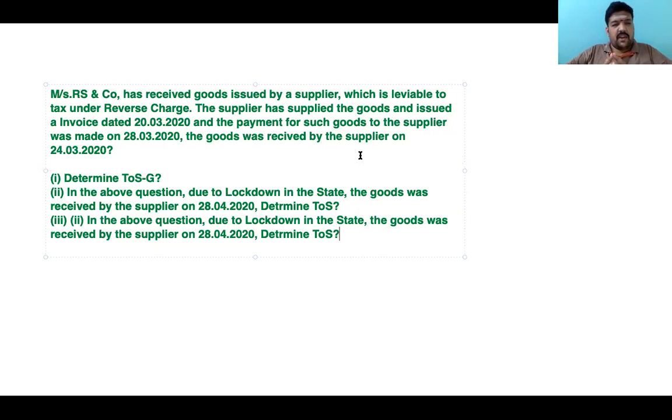28/3, 28/3, or 28/4. Which day? 24/3. 24/3, do you all still think relevant?